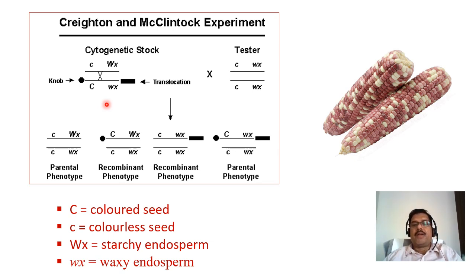Crossing over involves the physical exchange of chromosomal material and then the recombination of phenotypes. So they obtained a parental phenotype, this one is a recombinant phenotype, again a recombinant phenotype, and this is a parental phenotype. From this work, it could be conclusively stated that crossing over involves the exchange of genetic material between the chromosomes.